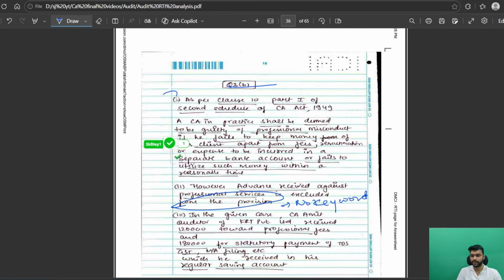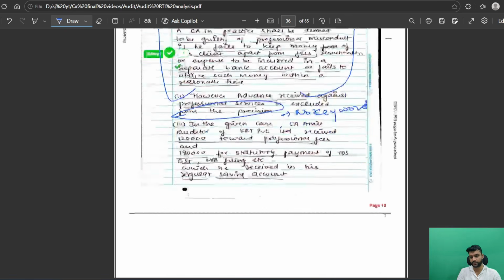Question number 3B, this is the same professional ethics question. For the clause, you will get 1 mark. However, advance received against professional fees is excluded from the provision. In the suggested answer, the way they have written the answer is in a different manner. I think they have copy pasted from the module, and the book I referred to had a much simpler solution. That is why there are no keywords here, and so he did not give me any marks.